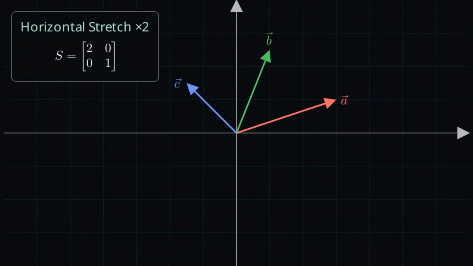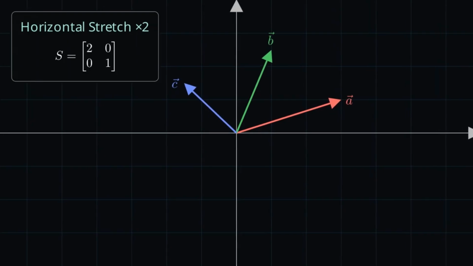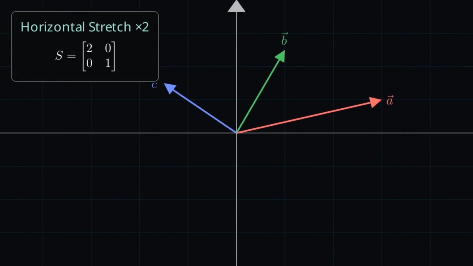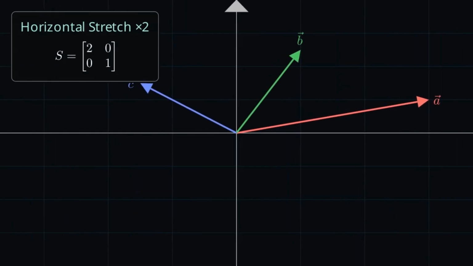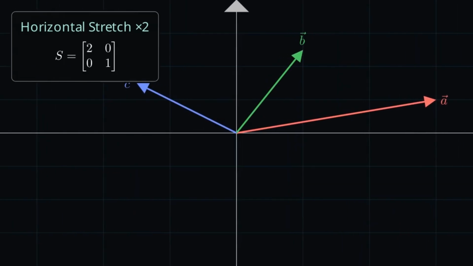Now let's try something different, stretching everything horizontally by a factor of 2. The x-coordinates double while y stays the same. Watch the arrows now. The horizontal components double, but the vertical components stay put. This changes the lengths of the vectors, and critically, it changes the angles between them. Look at the projection now.